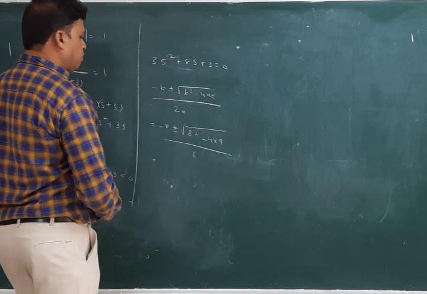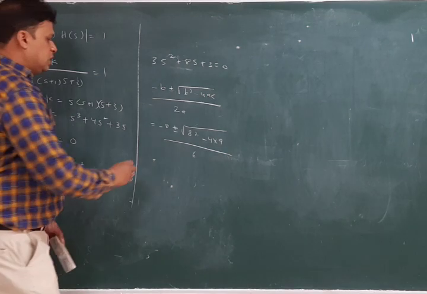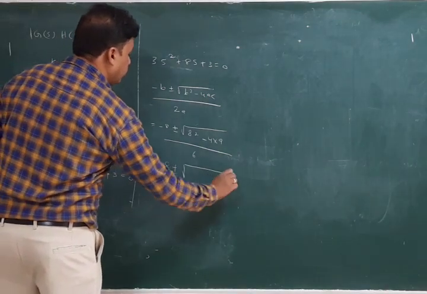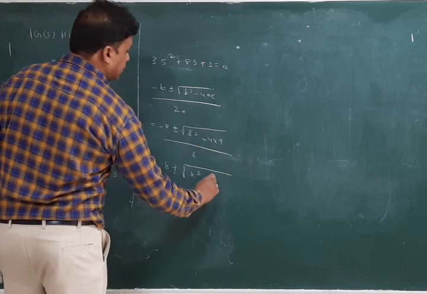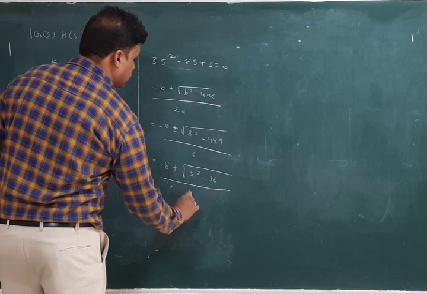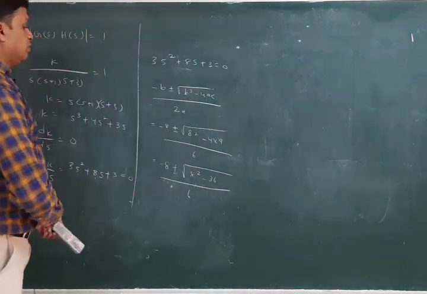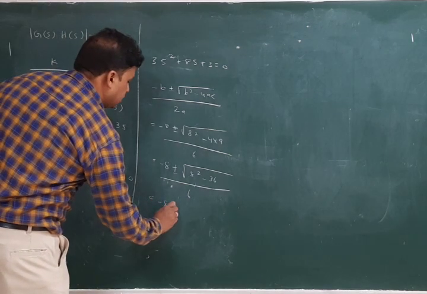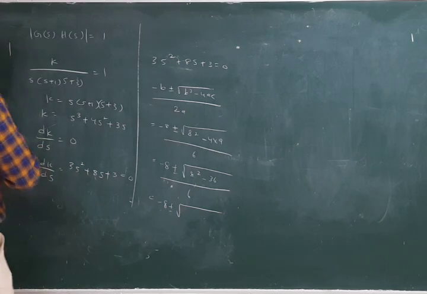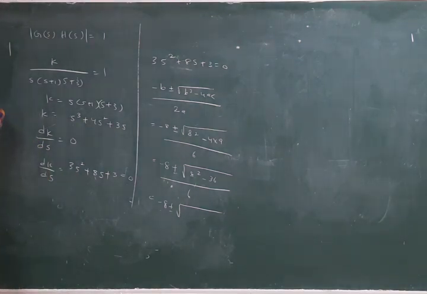So we get the roots after solving this one. Minus 8 plus or minus square root of 8 square minus 36, that is 64 minus 36, by 6.